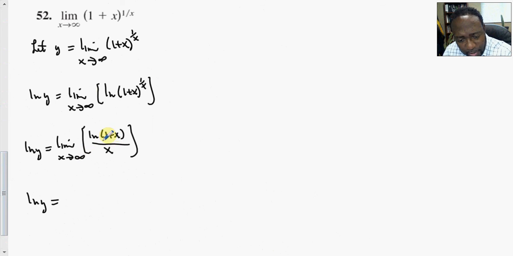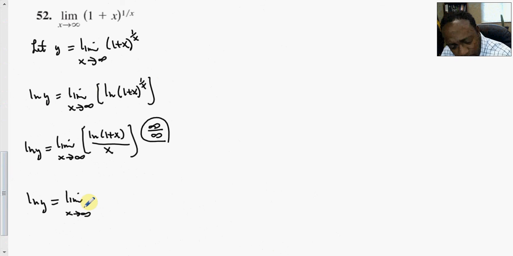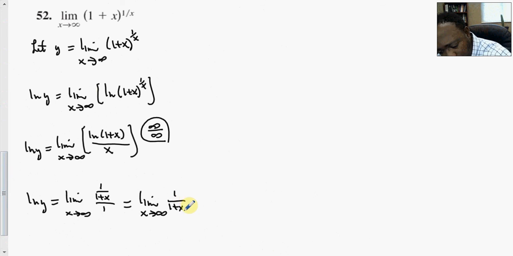As x goes to infinity, we have infinity divided by infinity. So we apply L'Hopital. Take the derivative of the numerator. That just gives us 1 over 1 plus x divided by the derivative of our denominator, which is just 1. So we have the limit as x goes to infinity of 1 over 1 plus x.